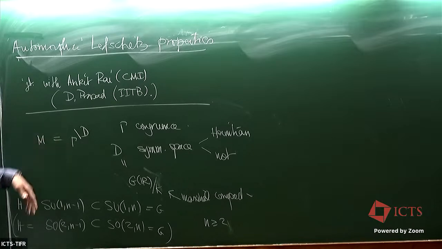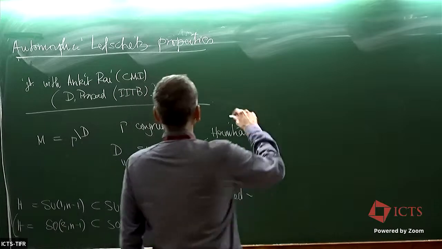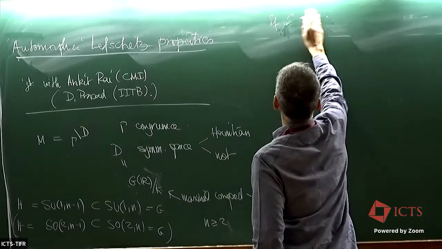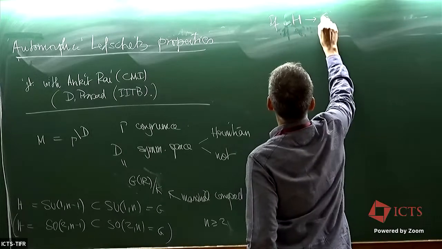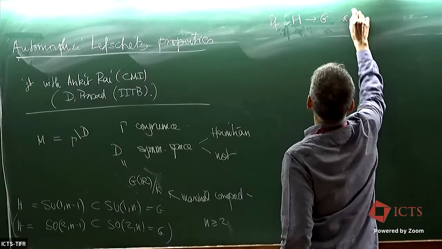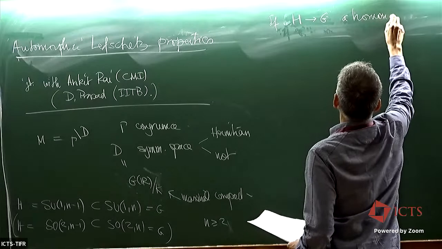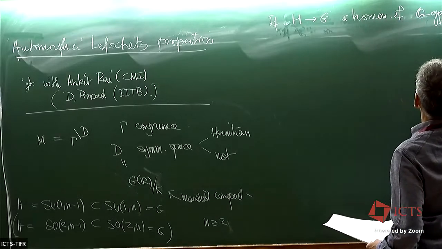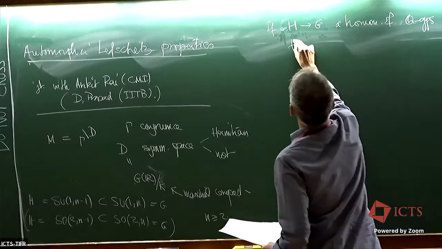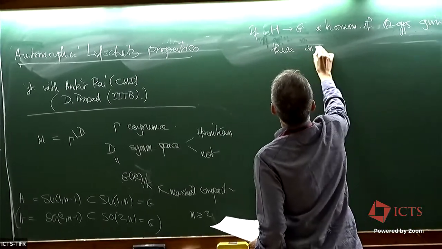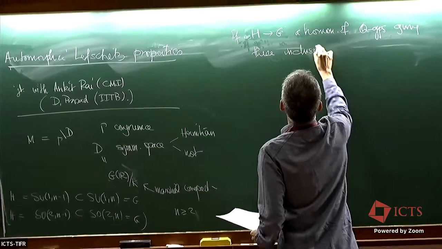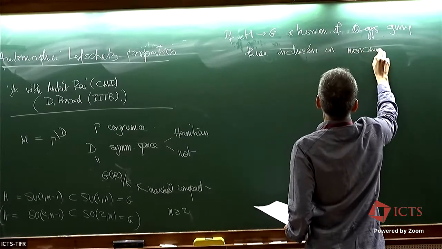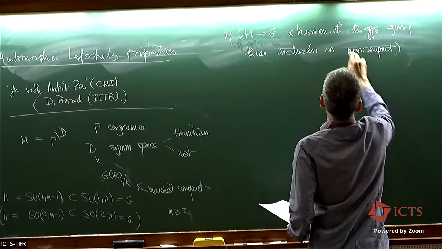Okay, so I'll say exactly what happens. So if G, H are Q groups, so let's say I have a homomorphism giving these inclusions on non-compact real points.